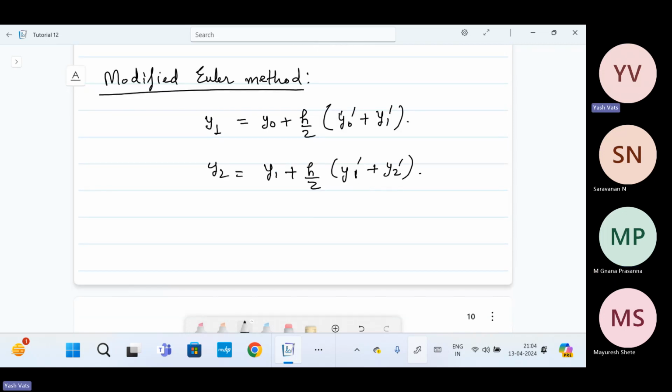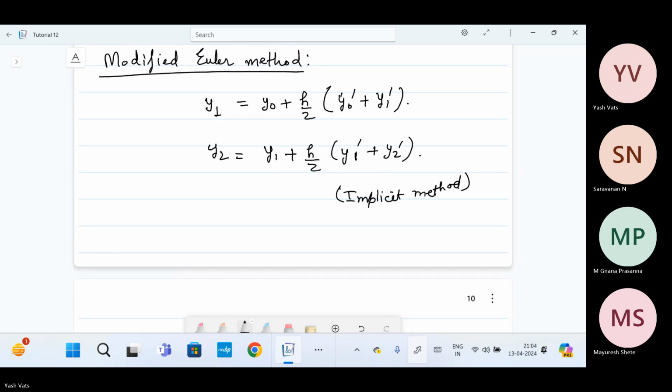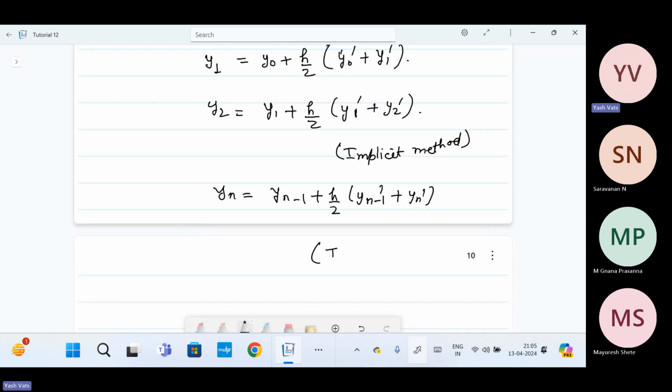Is it an implicit or explicit scheme? Implicit, right? And yn is yn-1 plus h by 2 times (yn-1' plus yn'). It is called the trapezoidal method also. You just know that.